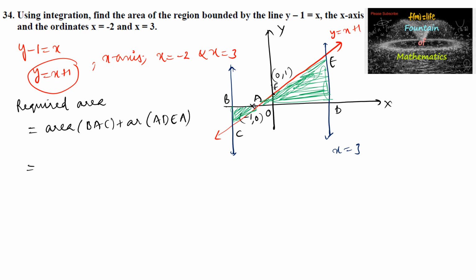Now by using the integrations, we can use from B to A. So from minus 2, this is x is equal to minus 2, and this is x is equal to minus 1. From minus 2 to minus 1, mod y dx plus integral minus 1 to 3 y dx, because it is below the x-axis from minus 2 to minus 1, so we need to apply the mod.